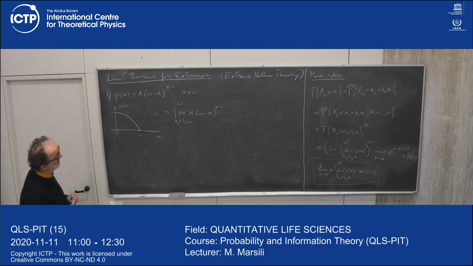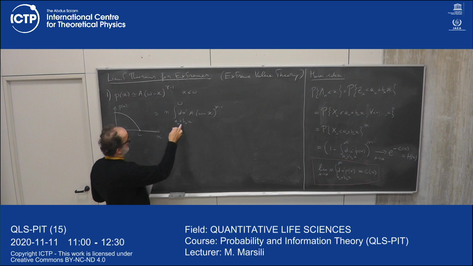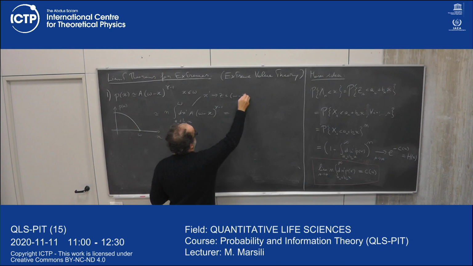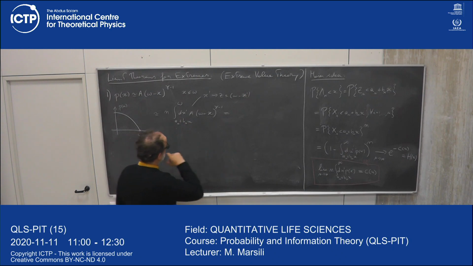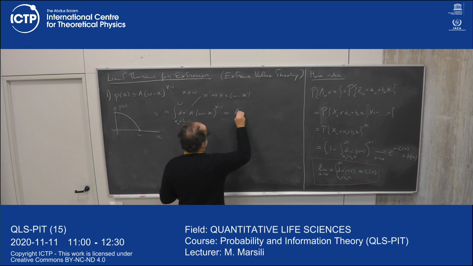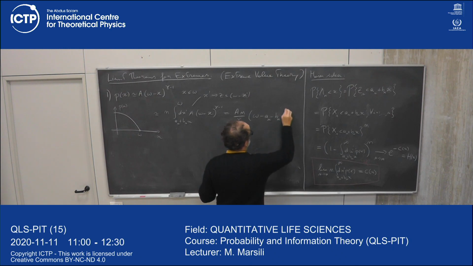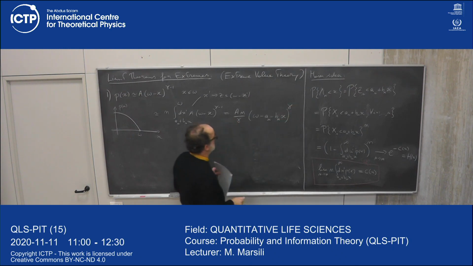So if I do this integral, if I change variables here, I get x prime, I change it to a variable z which is omega minus x prime, and then you can easily do this integral, so you get a times n divided by gamma times omega minus an minus bn times x to the gamma. Okay.